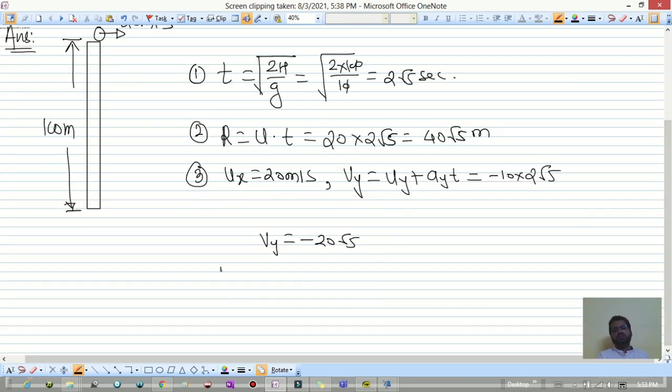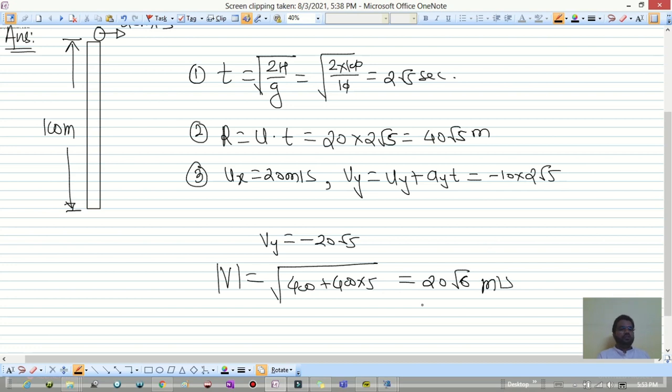So we want the magnitude of the velocity. So it is root of 400 plus 400 into 5, which is 20 root 6. So this is the answer for this question, right?